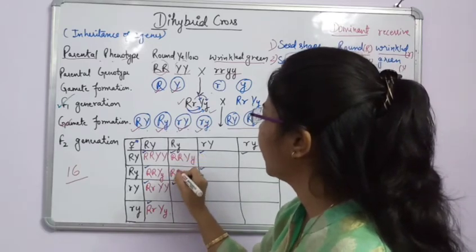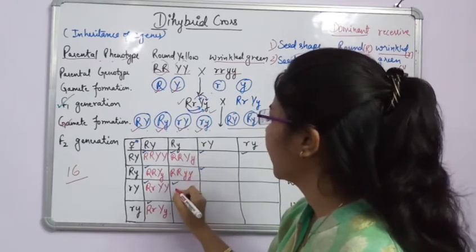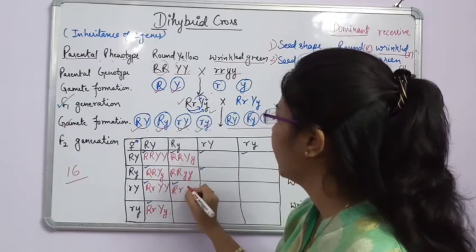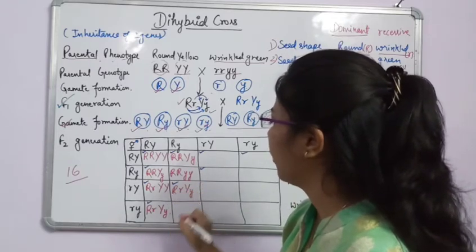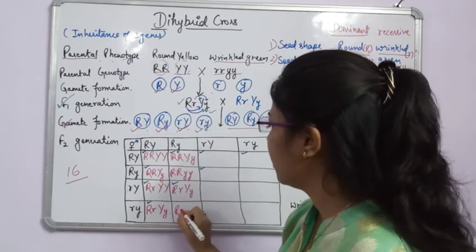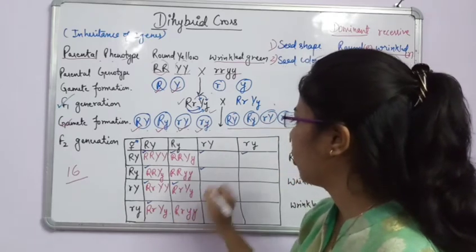Okay, now like this we will do capital R, capital Y, small y. Then capital R, small y, capital R, small r, capital Y, small y. Okay, like this, capital R, small y, small y.